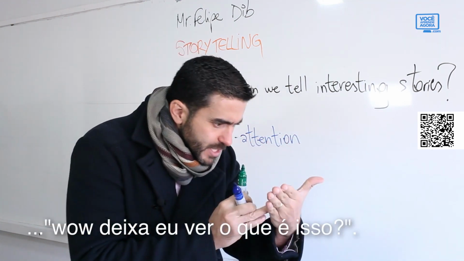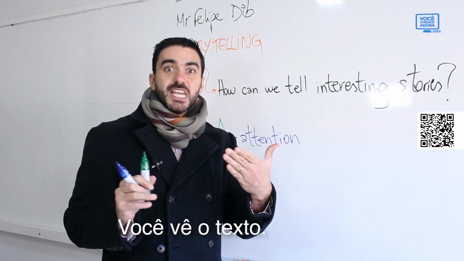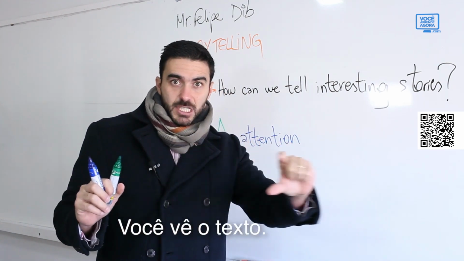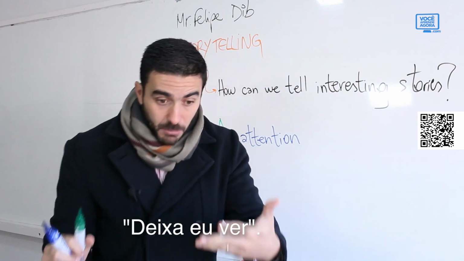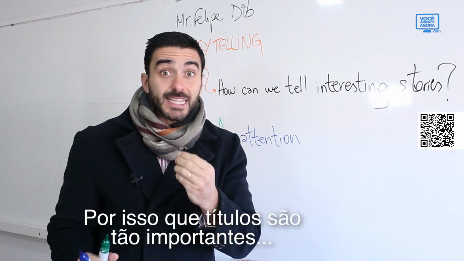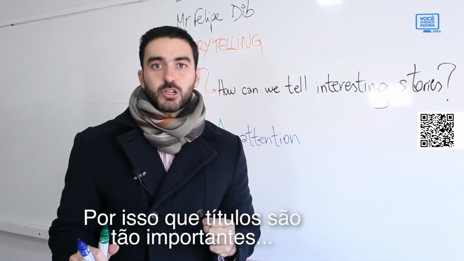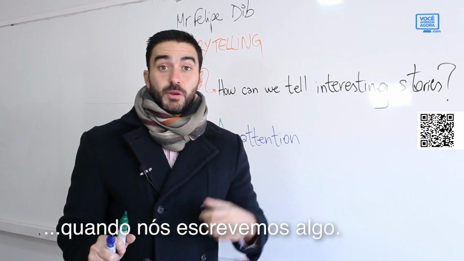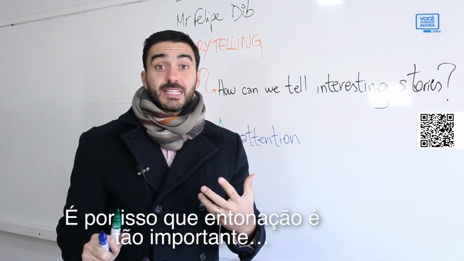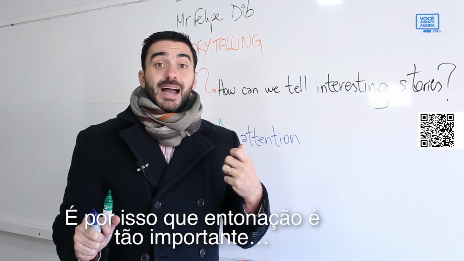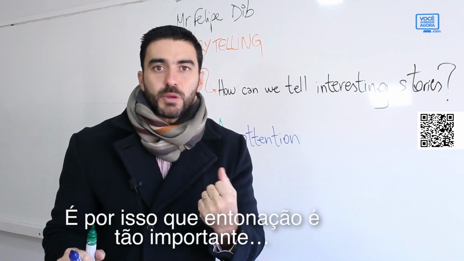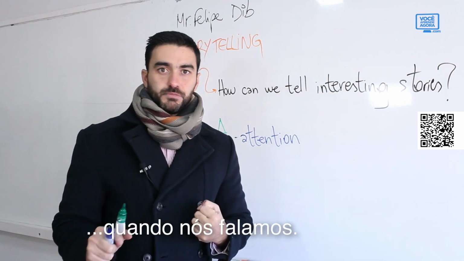Wow, let me see, what is it? You see the text and oh, let me see. That's why titles are so important when we write something. That's why intonation is so important when we talk.